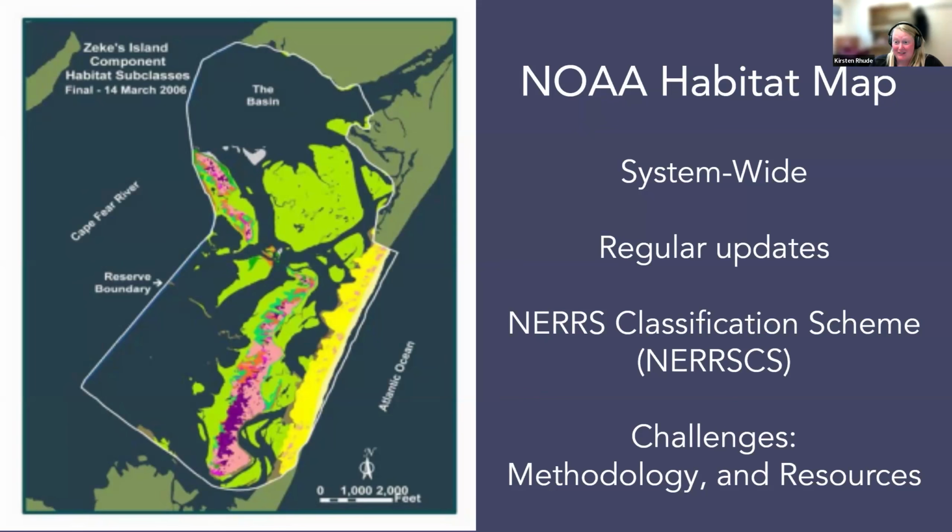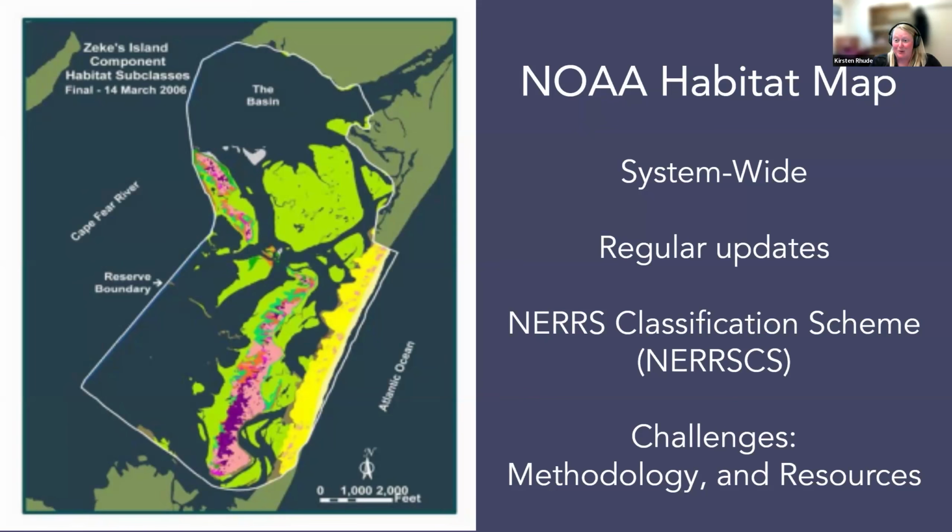Also, this is a big endeavor, and there aren't a ton of resources to help reserves get to that final habitat map. NOAA OCM has an awesome geospatial team, but they don't have the capacity to make these maps for us. And while some reserves have geospatial staff and technical experts on their team, at the Lake Superior Reserve, we don't have a dedicated geospatial or GIS person.